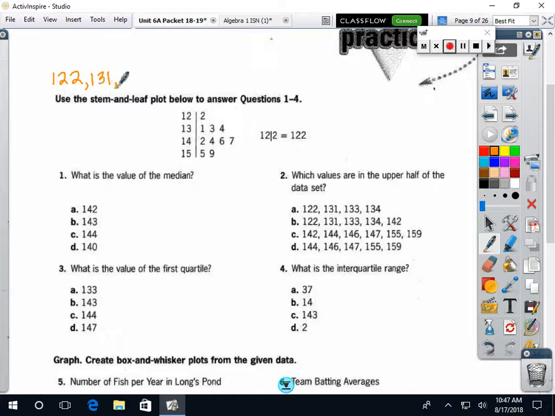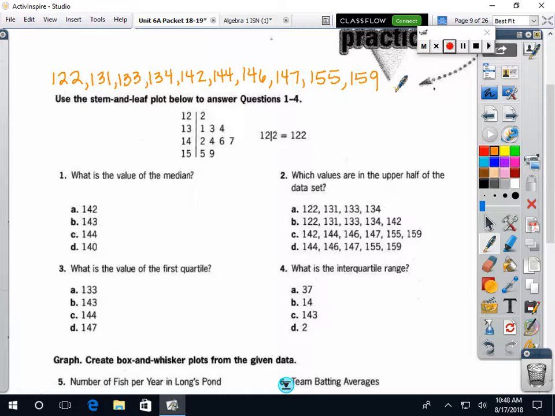And then after that? Okay. Right. Okay. 146. 147. Right. Okay, so now we have our data ordered from least to greatest.